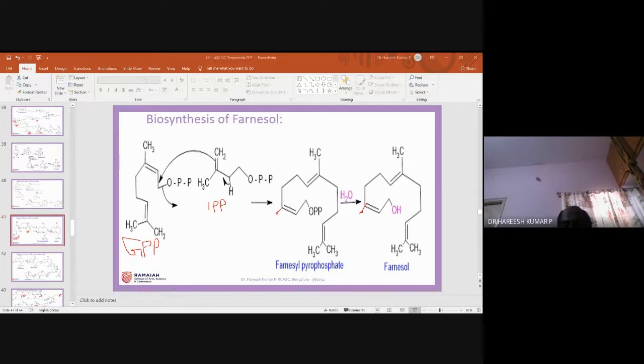So that means here the leaving group is OPP. Then what we can explain here is the formation of a vinyl group. This double bond means vinyl group.